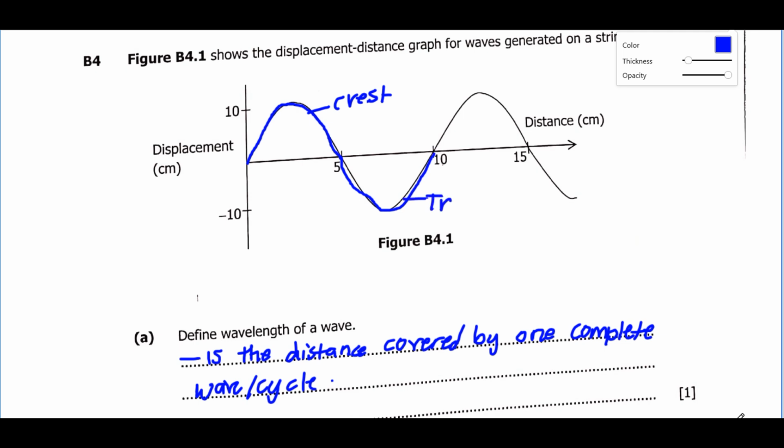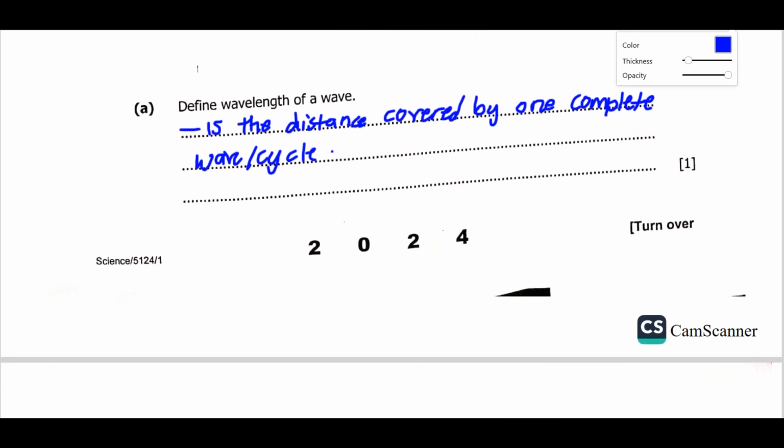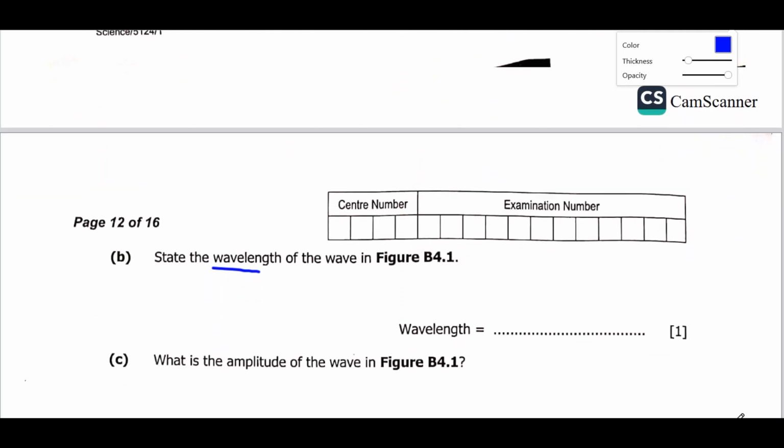So one crest and one trough makes a complete wave. Let's say if this is point A, then this is point B. So from point A to point B makes one complete wave. The number we are getting on point B is 10. So the wavelength is 10 centimeters. But remember, wavelength is given in meters. So wavelength is equal to 10 centimeters, which in meters will give us 0.1 meter.